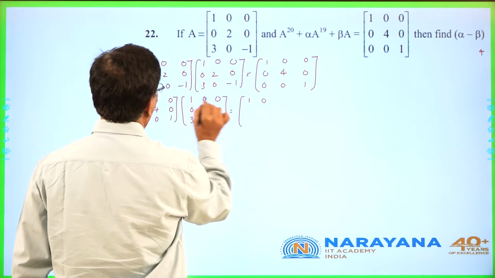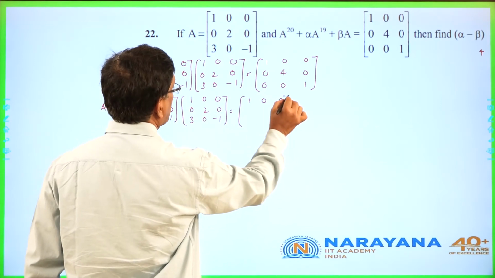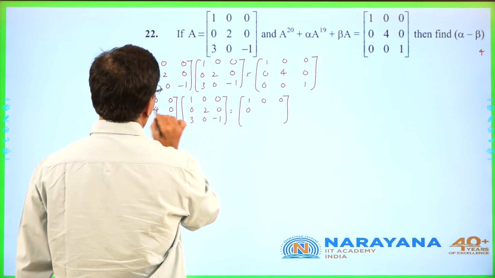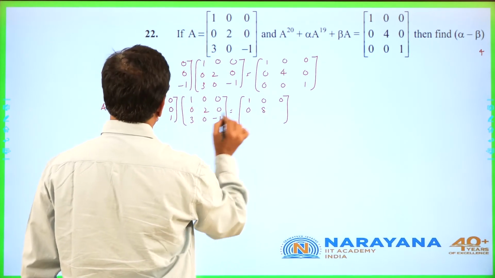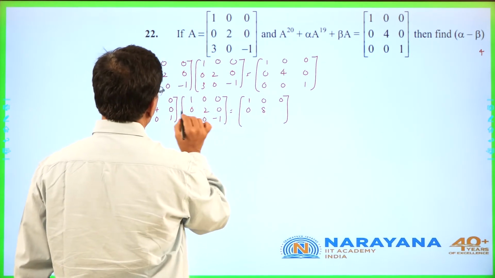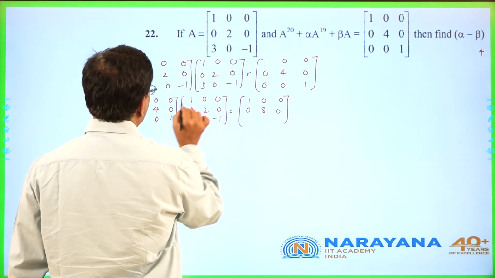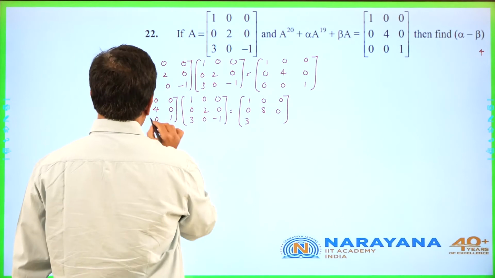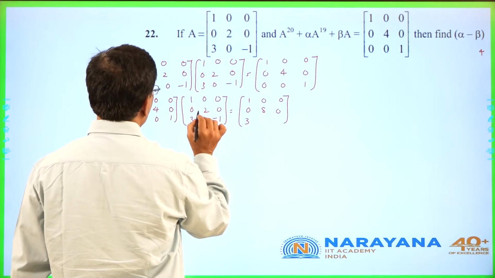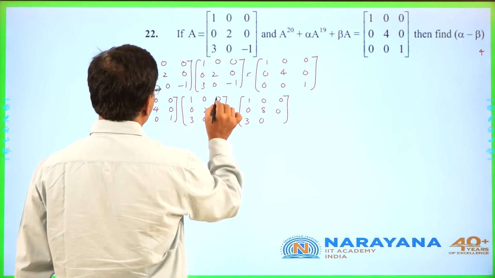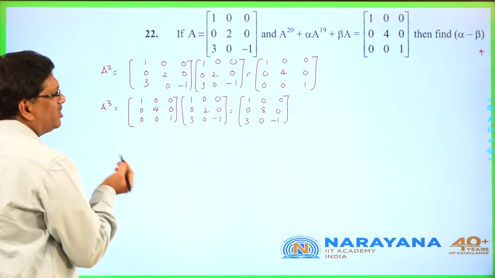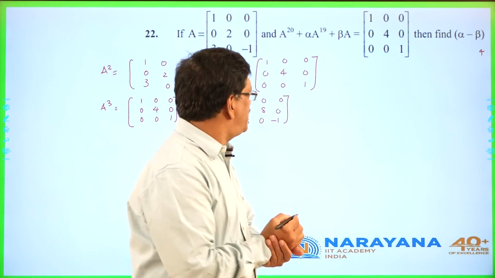Next 0, 8, 0. Next 0, 0, 3. Next 0, 0, 0. Next 0, 0, minus 1. So you cannot find any similarity here.